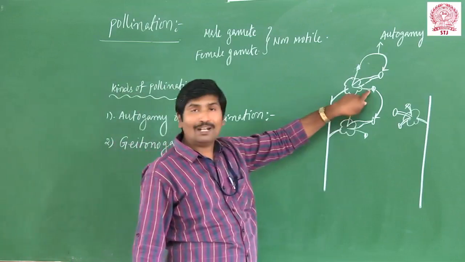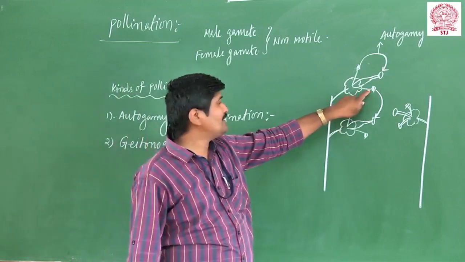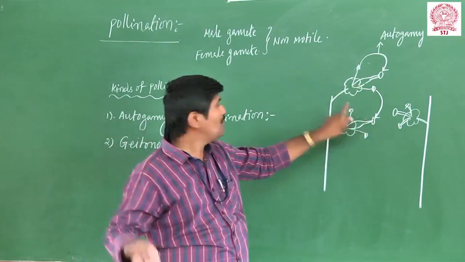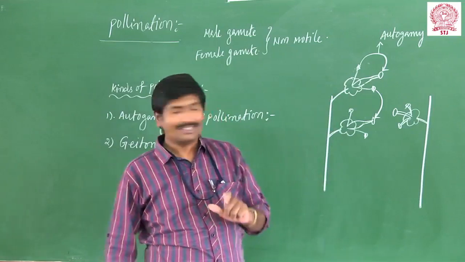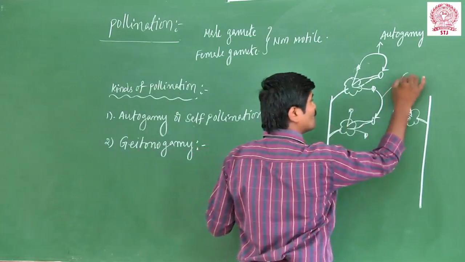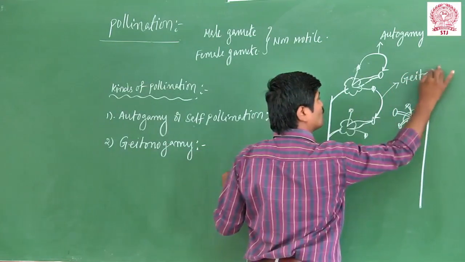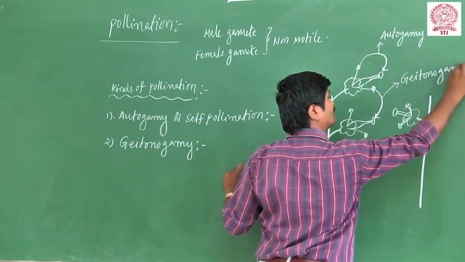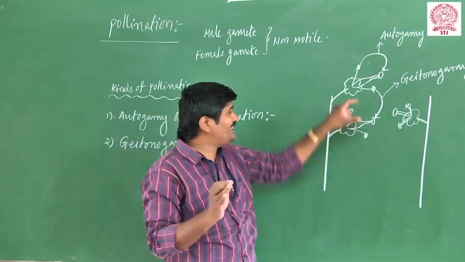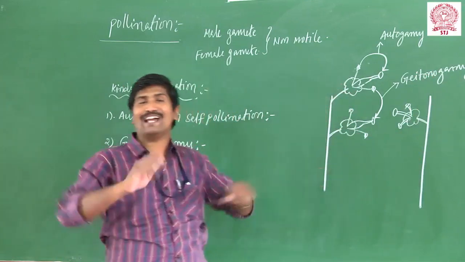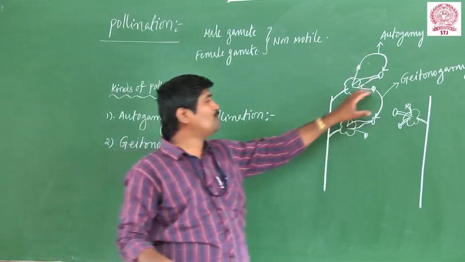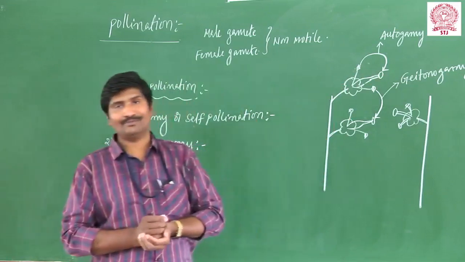The transfer of pollen grains from the anther of one flower to the stigma of another flower on the same plant. The pollination takes place between two flowers on the same plant. That is known as geitonogamy.